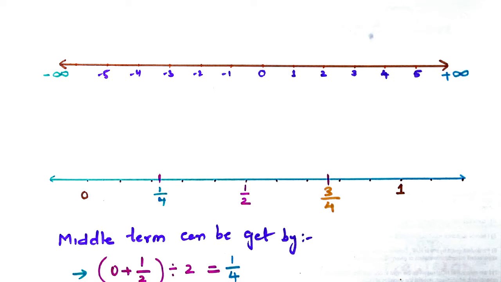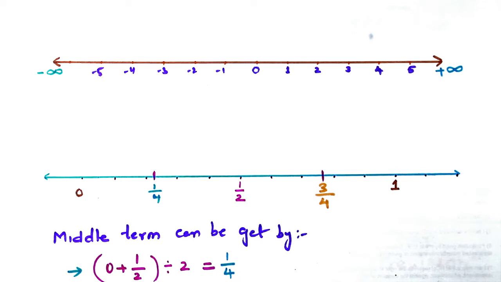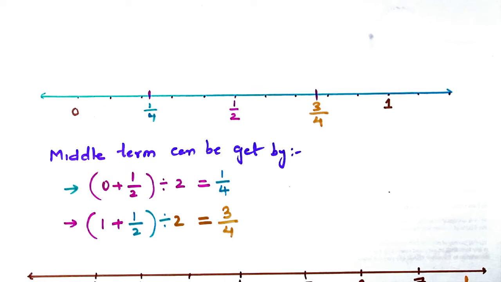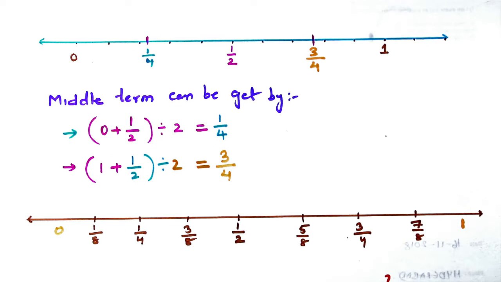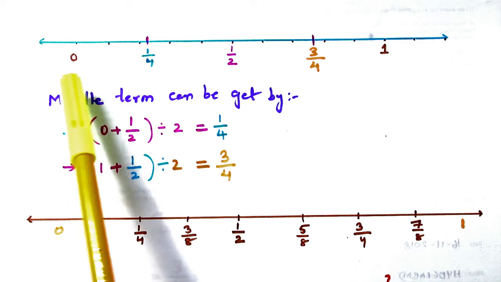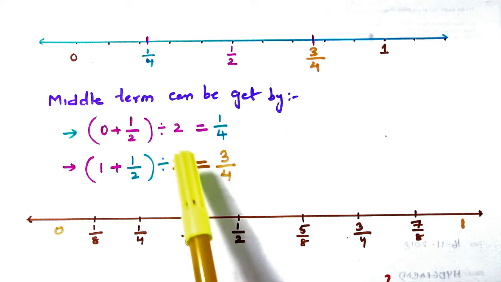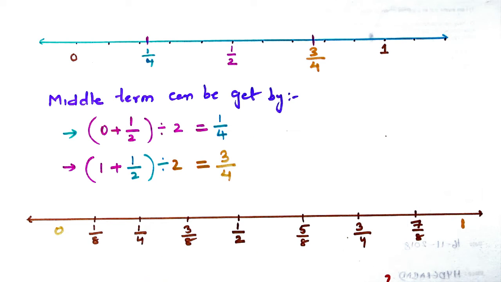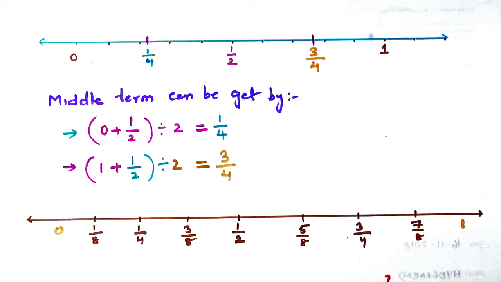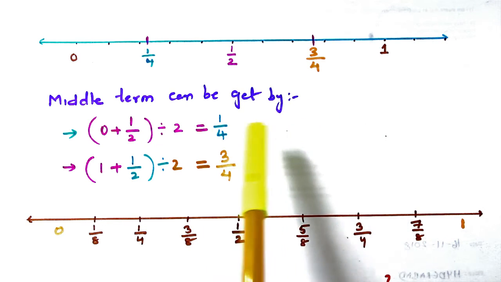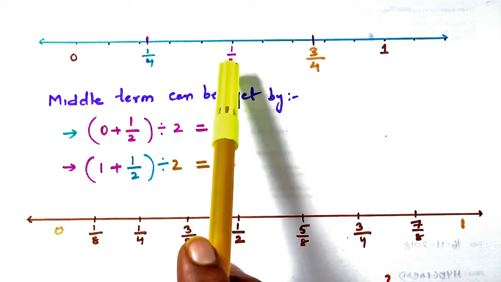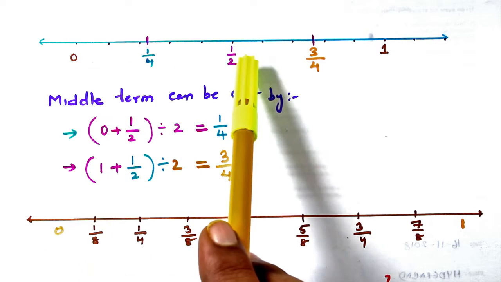For example, how can we get this middle term through mathematics? We can get the middle term by dividing the portion by 2, because we want that portion to be half, right? So for example, in this scenario we have 0 plus 1 by 2.